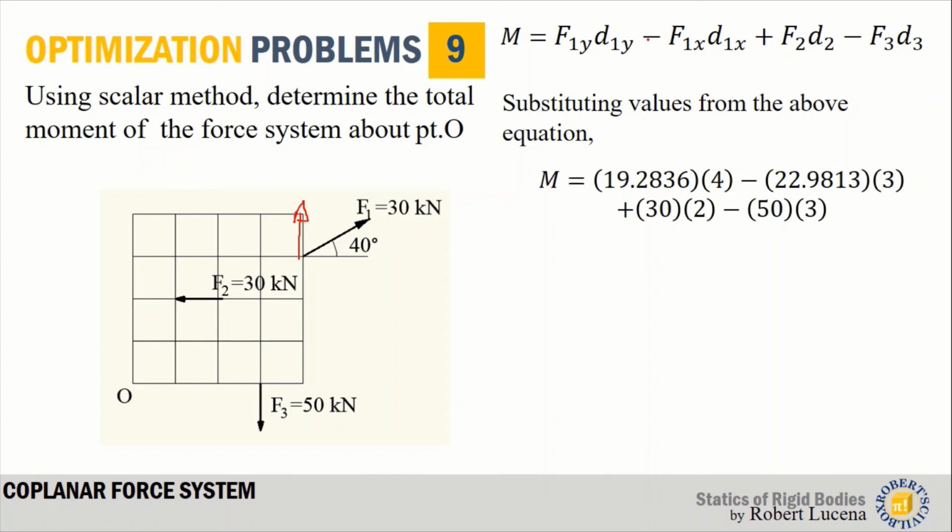And minus F1x. F1x is in this direction and the perpendicular distance is 3. So we have here 22.9813 times 3, but don't forget the negative sign because it causes a clockwise rotation about point O. Substituting F2, that is 30 times 2, and F3, 50 times 3, we get the total moment about point O equal to negative 81.8095 kilonewton meter.